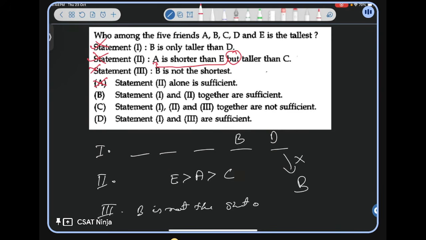But statements 1 and 2 together are sufficient. Why? Because if I combine these two, I can put E here, A here, and C here, and I can get the value here.